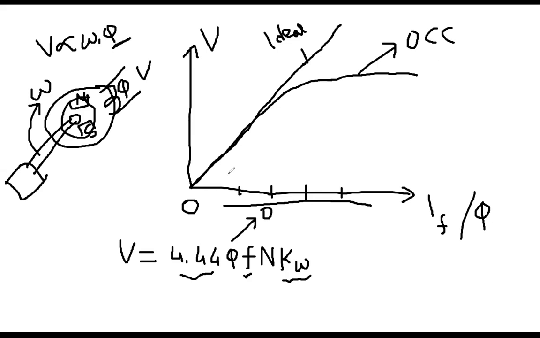Now, you see here I have started from zero. According to the equation, if flux is zero, voltage is zero. That is right.